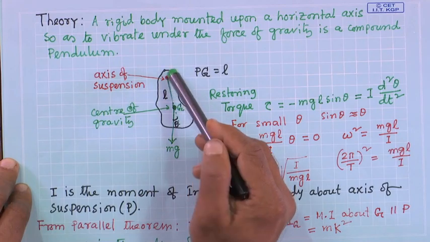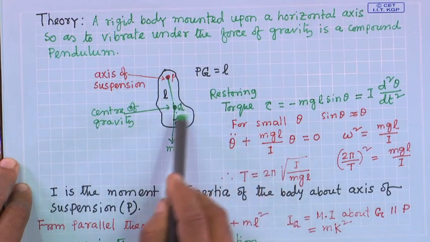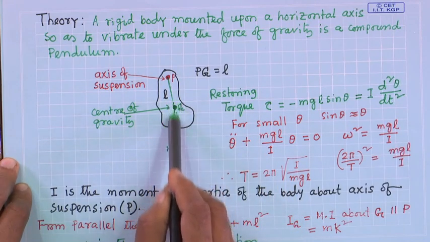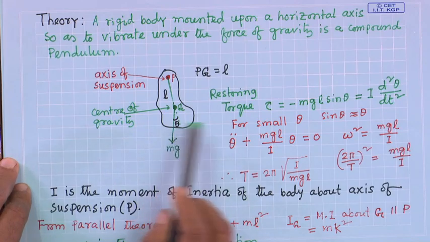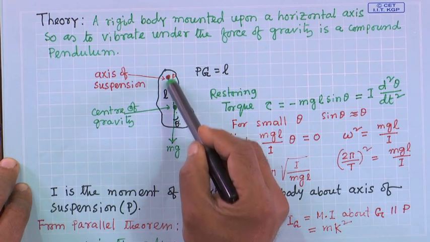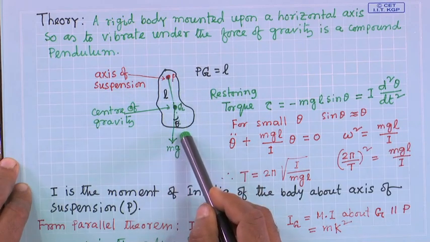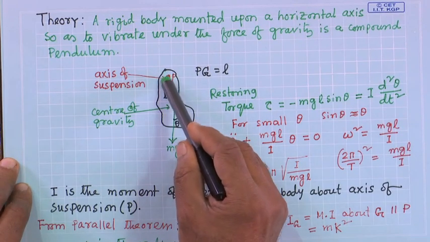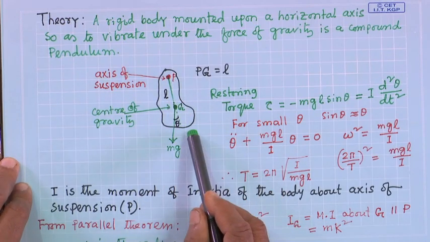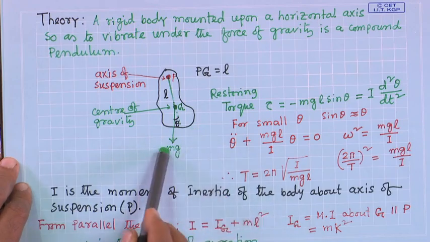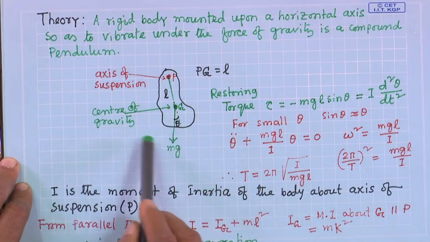If you extend it, whatever the angle with the gravitational force, if that is theta, then you can resolve this force along PG. That will be mg cos theta, balancing the weight along this direction, and another force perpendicular to PG, that will be mg sin theta.